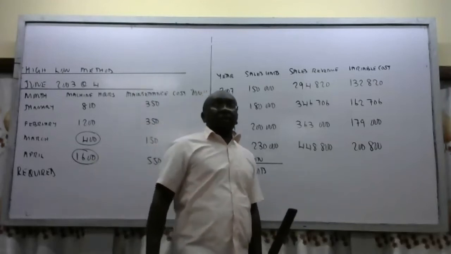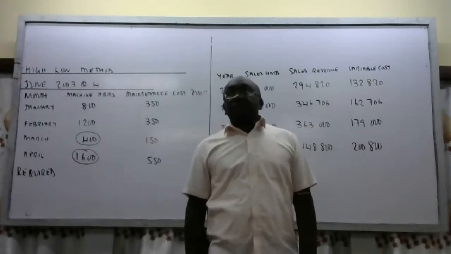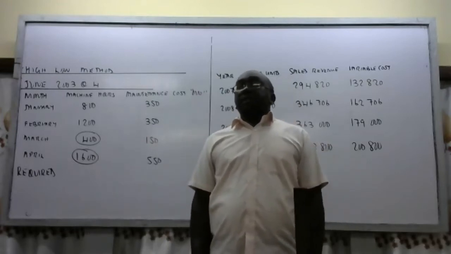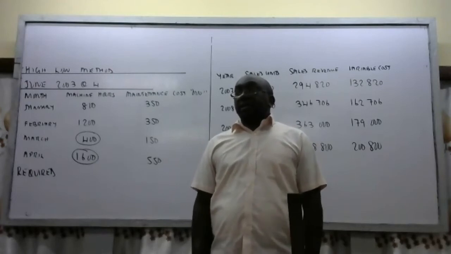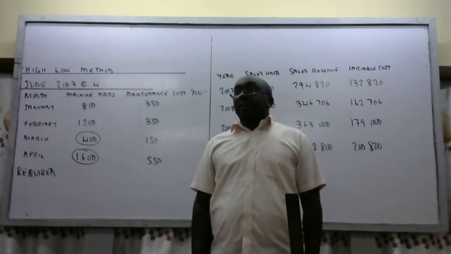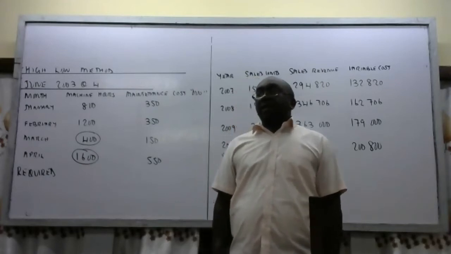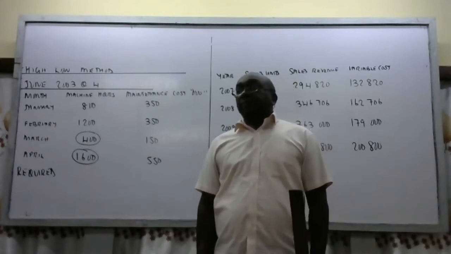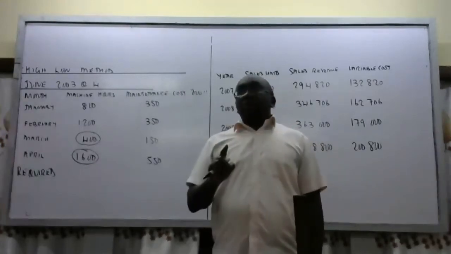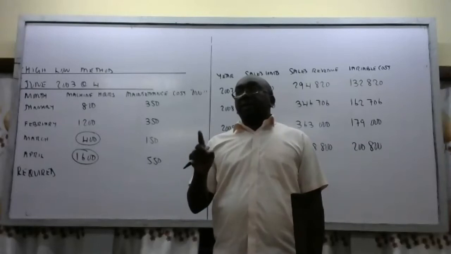Okay, now before you write that, go to where I gave you the steps of estimating cost functions. Are you there? The first one, what did it say? You identify the dependent variable. It is the variable whose values are being predicted.